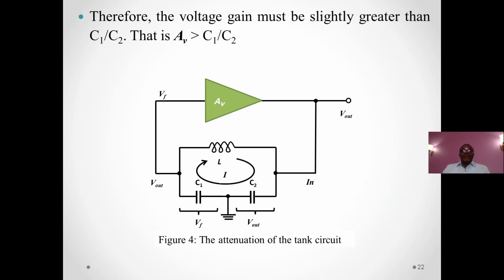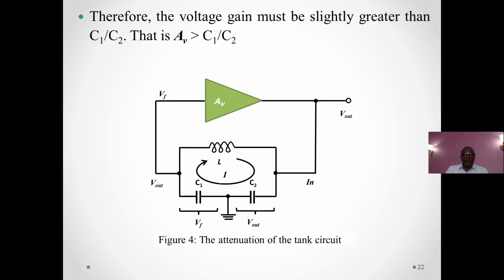So, this circuit shows us what happens, that the voltage gain must be slightly greater than C1 over C2 for oscillation to be self-starting. That is, AV must be greater than this.